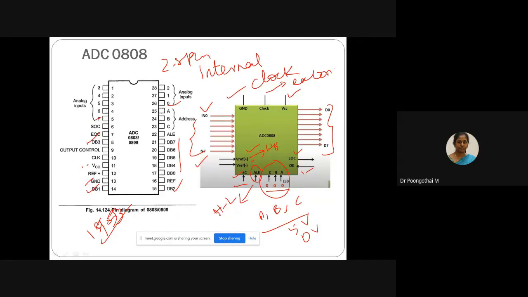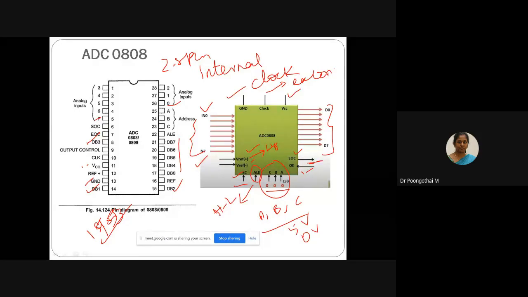So to initiate the conversion process, we send a high to low pulse to this start conversion pin. Next, end of conversion: once the conversion is complete, the ADC sends a high to low pulse to the microcontroller to tell it that the conversion process is completed and it can extract the data from the 8-bit data pins.